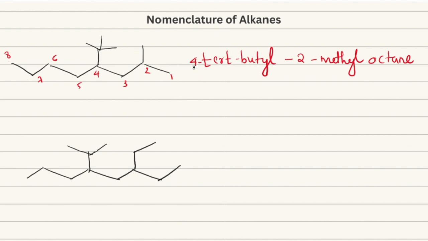We can even consider this tertiary butyl as an ethyl group with 2 methyls on it. So how to name this now? It's a 1,1-dimethyl ethyl.